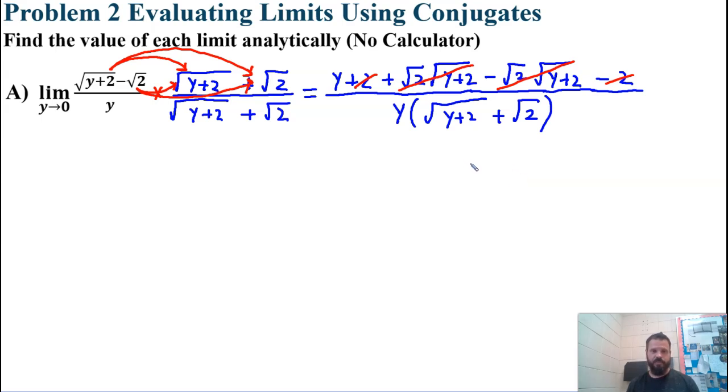So, as we run out of room going this way, we can rewrite this all as the limit as y goes to 0 of, what are we left with? A y survived up top, and we have a y times root y plus 2 plus root 2 on the bottom.